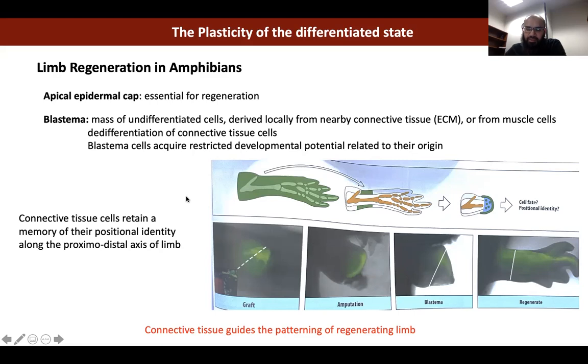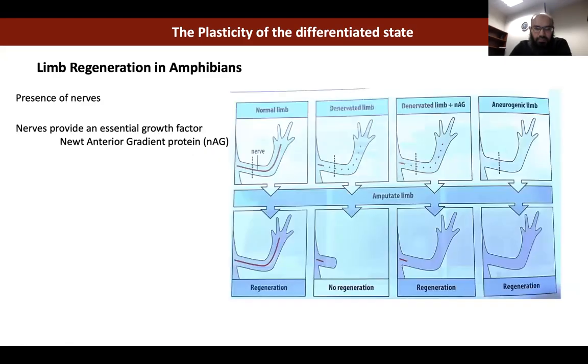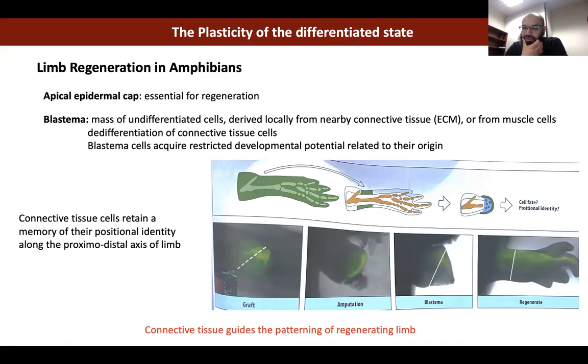Another thing that we understood from studies of limb regeneration in amphibians is that the connective tissue actually guides the patterning. The connective tissue has information to guide the developing limb, and it somehow keeps the memory of what was distal to the cut site.